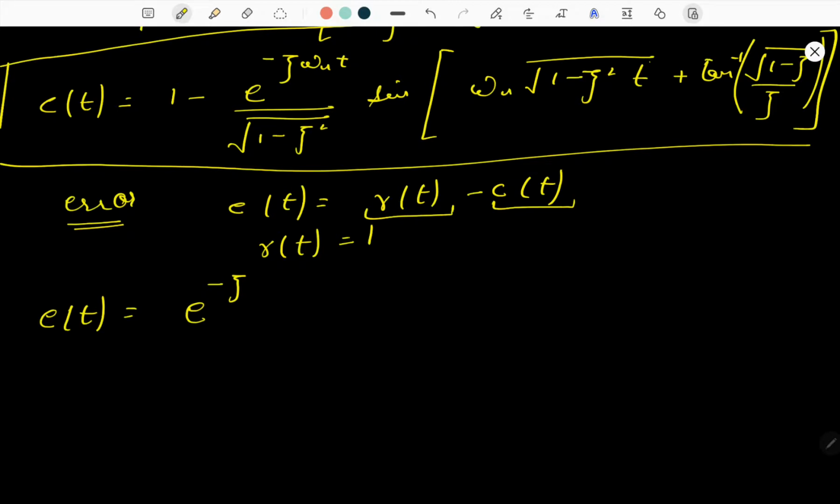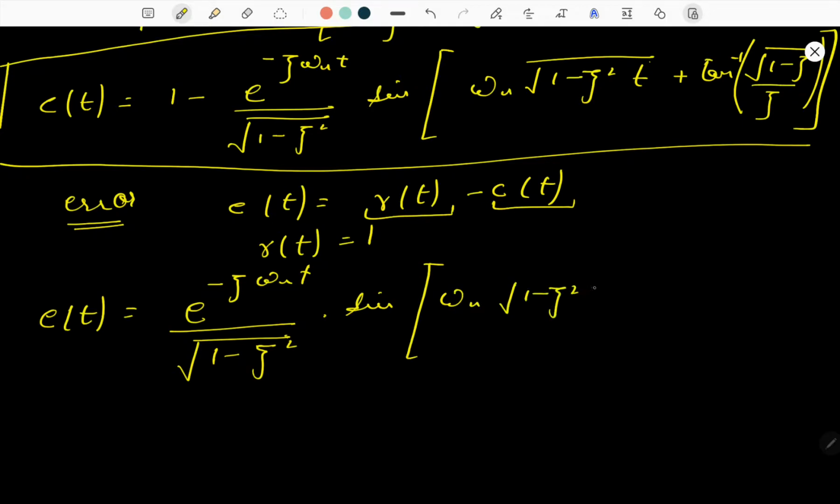As you can see in this expression, when we do 1 minus this, the 1 and 1 are going to cancel out, and the remaining expression I am writing over here: e to the power minus zeta omega n t, divided by under root of 1 minus zeta square, into sine of omega n under root of 1 minus zeta square t, okay, plus tan inverse of under root of 1 minus zeta square upon zeta. This expression we are getting as the error.